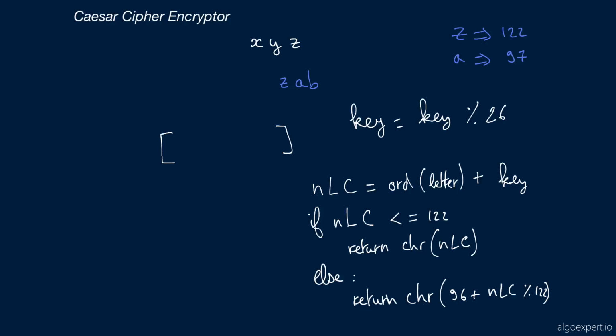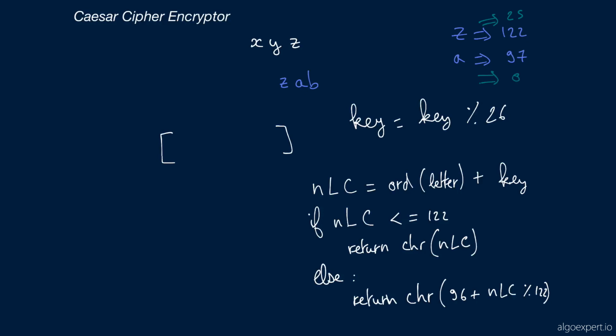So A, B, C, D, all the way to Z. And the index that each of these letters are at is their corresponding Unicode value. So the letter A would be at index 0, and that would be its corresponding code value. And the letter Z would be at index 25. So here you could replace 122 with 25 and replace 97 with 0.